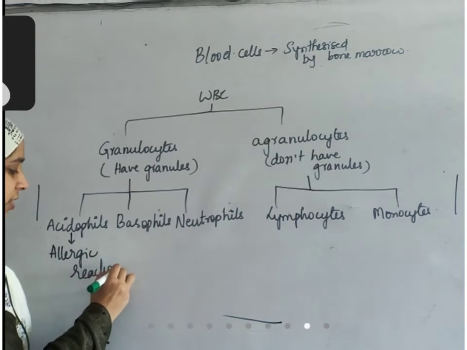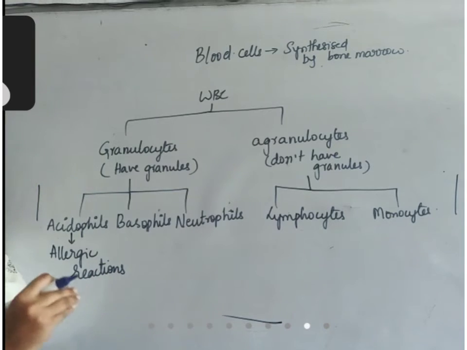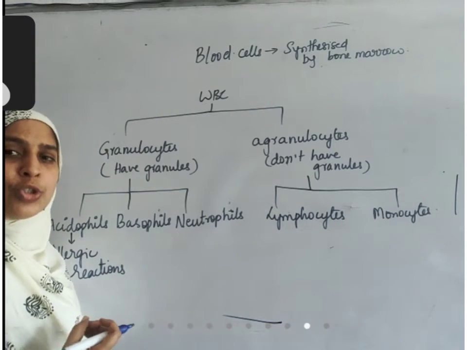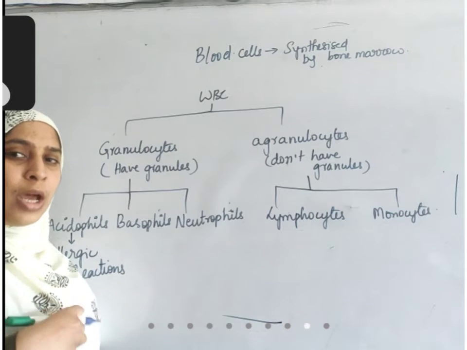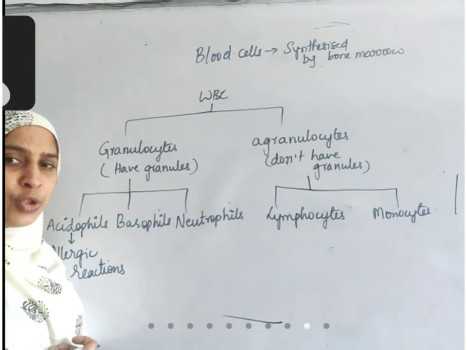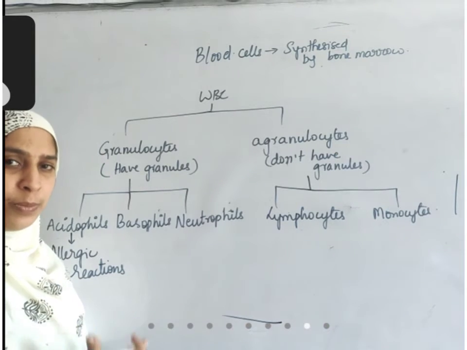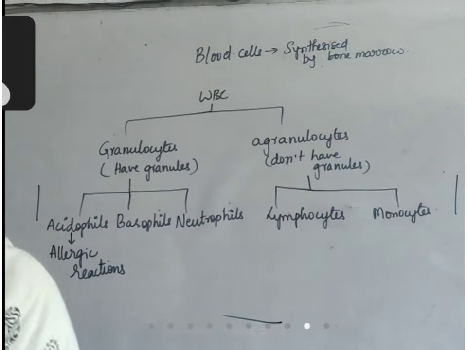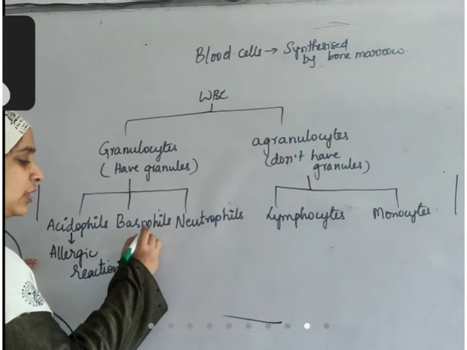Allergic reactions occur when something that is not suitable for your body approaches your body through your food or through your breath. If you take anything that's not suitable to your body, it immediately produces allergic reactions. So allergic reactions are one way they are helpful, to protect ourselves from those things which are not suitable for our body.